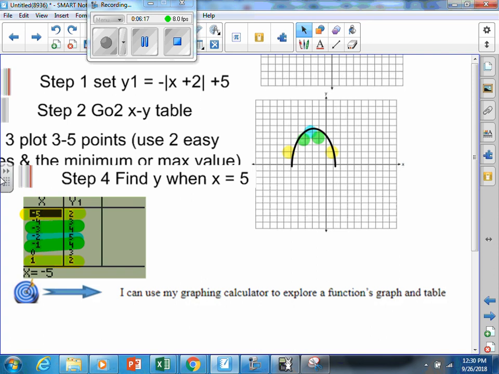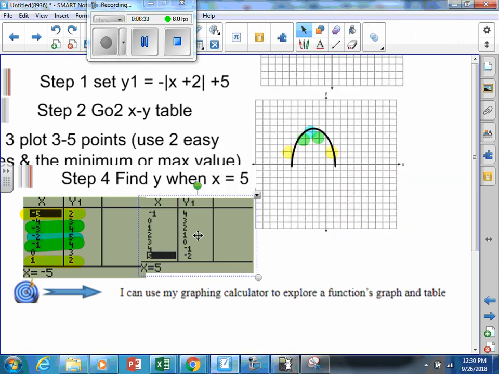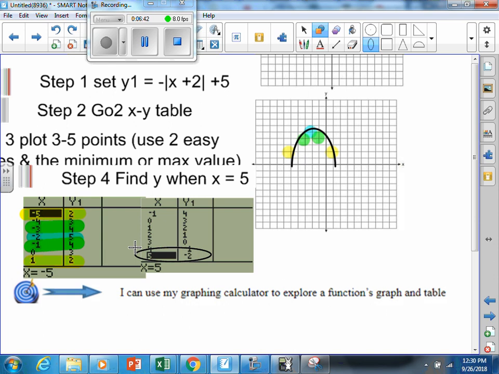We bring back to our graphing calculator. Write it right there. And we know our final answer is when x is 5, y is -2. Pause the video, do what you got to do, and come on back for part 3.